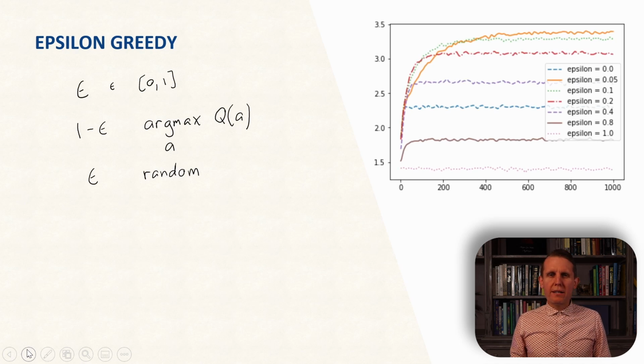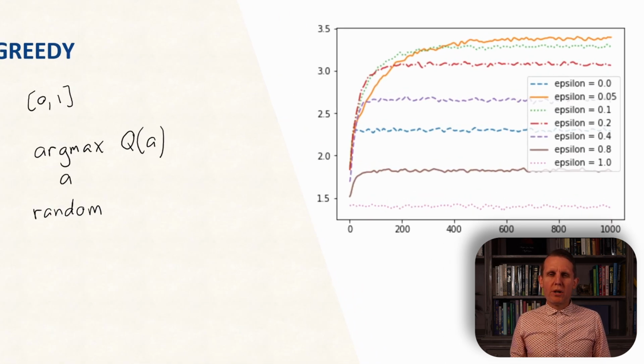On the top right here is a graph that plots the average reward over 2,000 episodes and 1,000 steps each, using the simulator that we talked about earlier. We can see that smaller values of epsilon, such as 0.05 and 0.1, do quite well in this problem. As they approach 1,000 steps, 0.05, which is in some sense the most greedy solution, starts to receive a higher reward than all of the other ones because it's not choosing random actions as much.